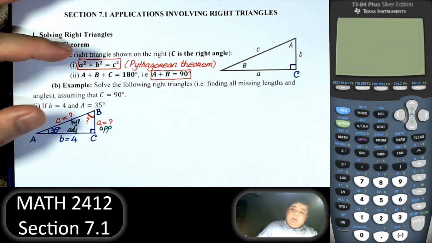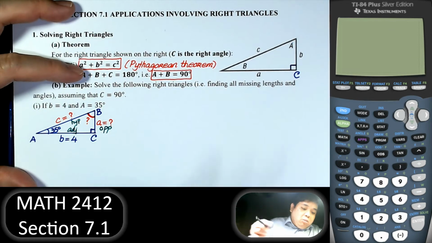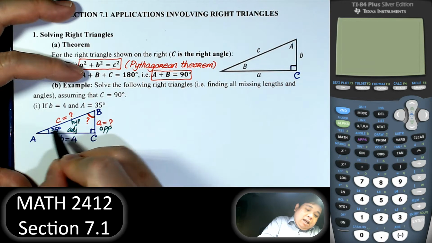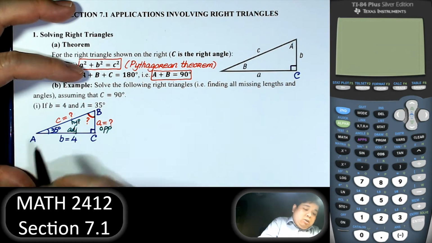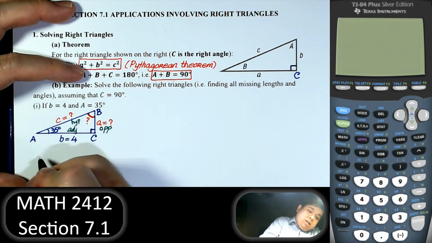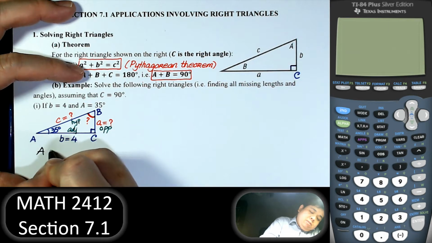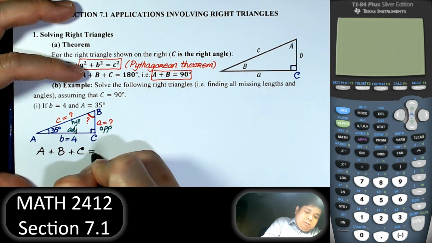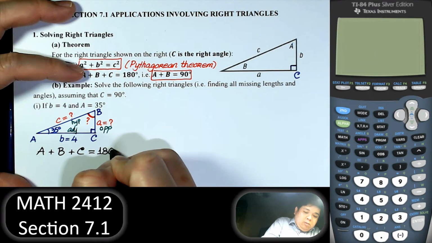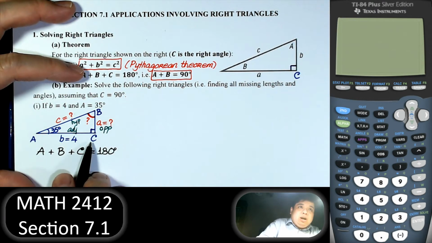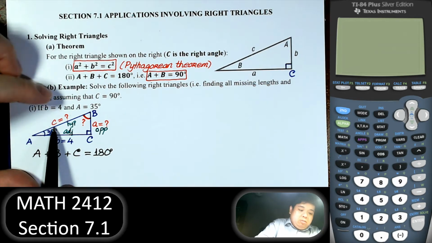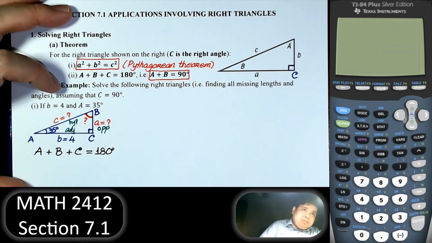And we can use trig functions to find them. But first, from this triangle, what we can get is that A plus B plus C is 180 degrees, or A plus B is 90 degrees. I will write the angle C like this, so that it will be distinguished from the little c.